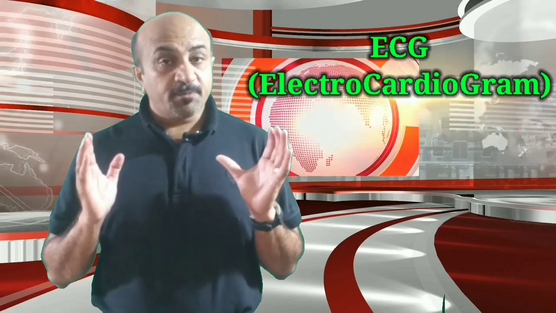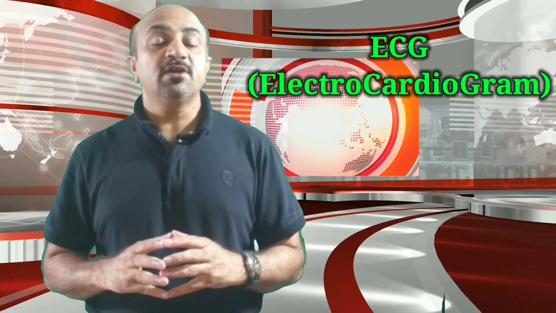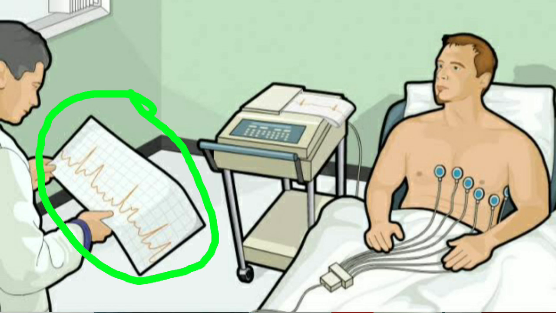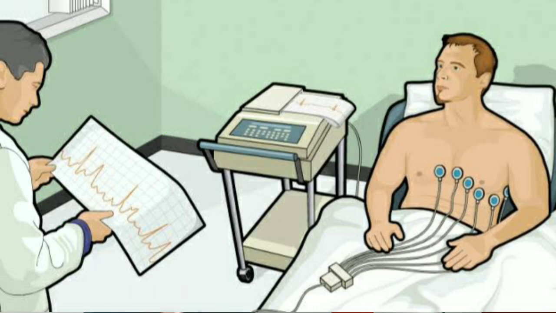So you get a piece of paper on which there is a print of the electrical activity, and there will be certain changes in the ECG which will tell you that the person is actually suffering from a heart problem or angina. In stable angina, in between these attacks, the persons do not have ECG changes. But during the attack, the patient will have some ECG changes.